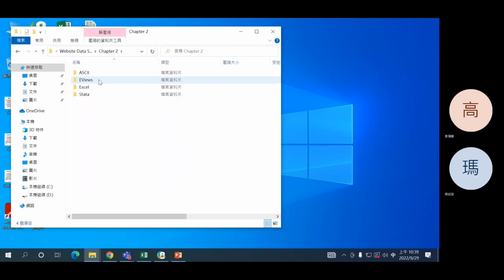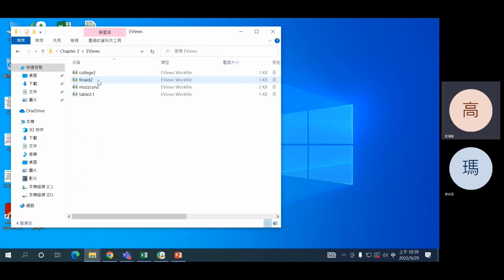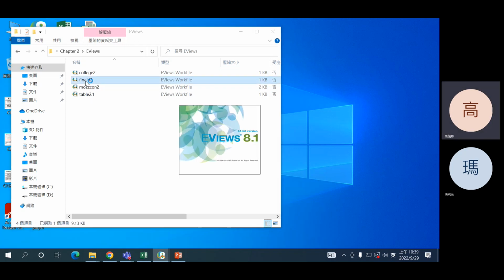Chapter 2. So I just get EViews first, okay? I just get EViews. So I would like to have this data set. Do you see that? FINAID2. Okay, please download that data. So I'll have this data on.